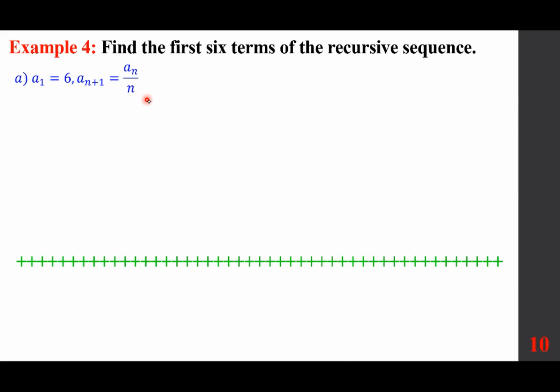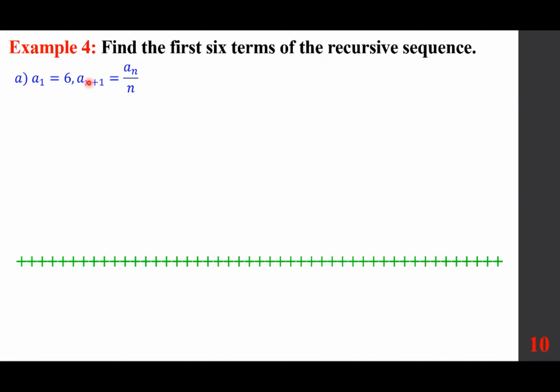So to make sure we understand what's going on here, we have a sub 1, so the next one would be a sub 2. So this is 2. So a sub 2. You have two choices. You can say the one before that is 1, so it's a sub 1 divided by 1.